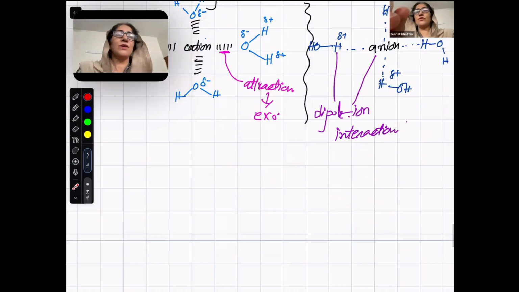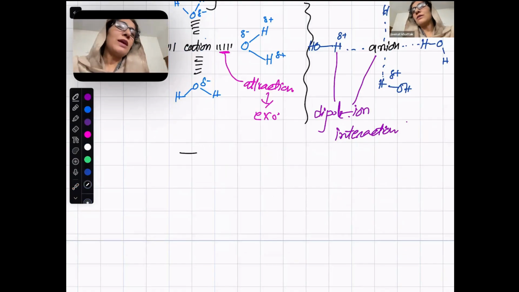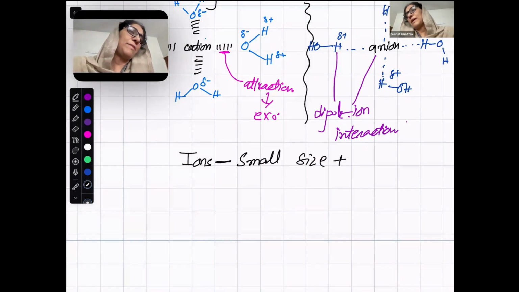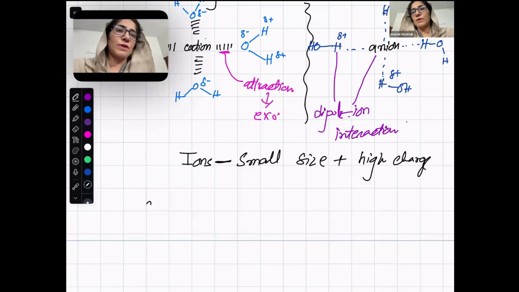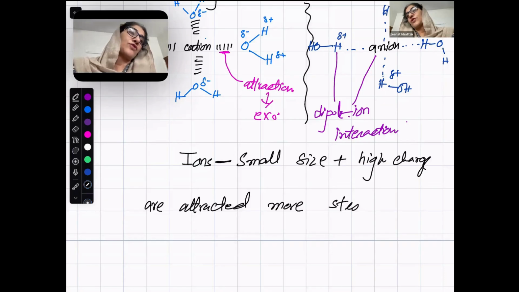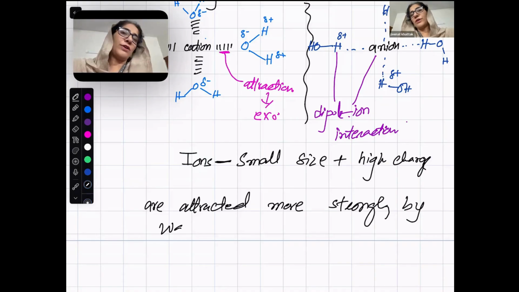So, ions with small size plus high charge are attracted more strongly by water.